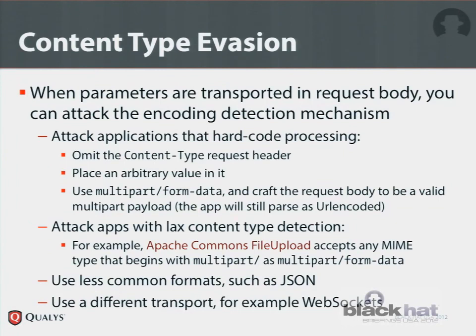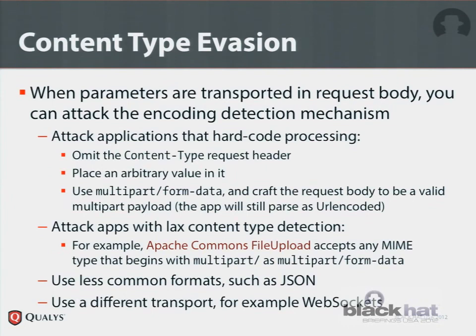And then you also have many other issues with libraries that are very lax in how they detect MIME types. This is another problem I discovered. I was researching Apache Commons FileUpload, which is a very popular library for parsing uploads, and you could say it's the de facto standard in the Java space. With Servlet specification 3, because file uploads are included in the specification, Tomcat now actually includes this library and uses it for parsing.